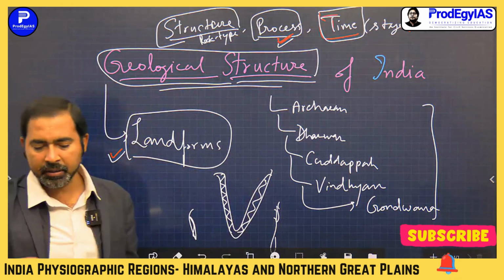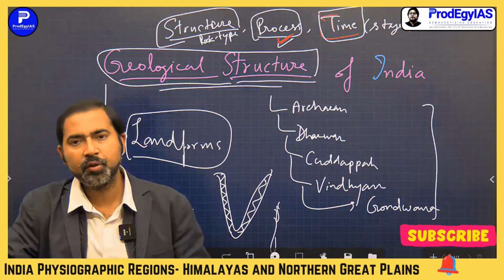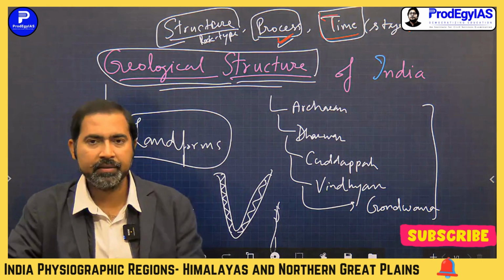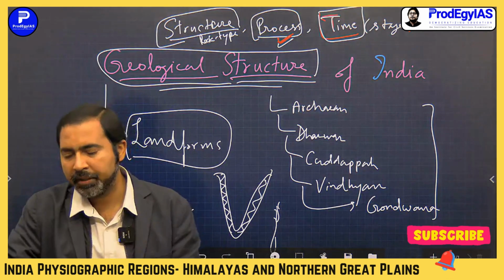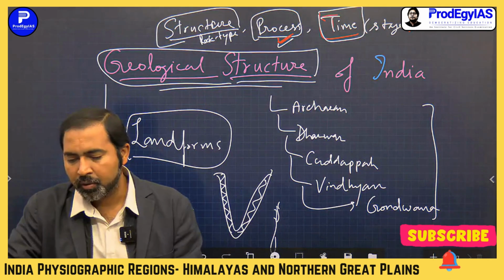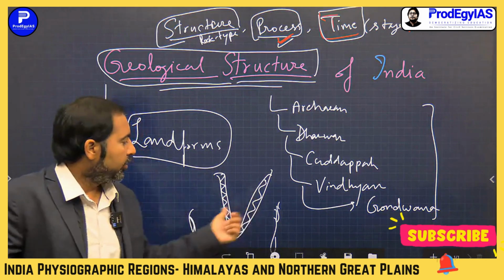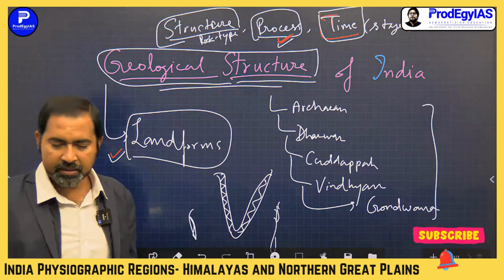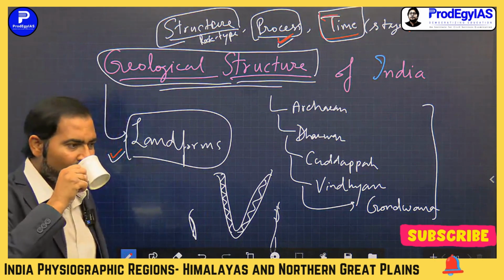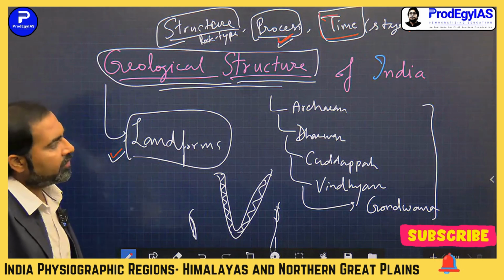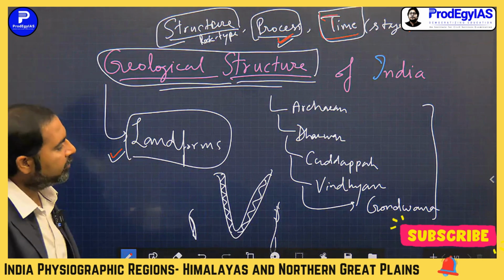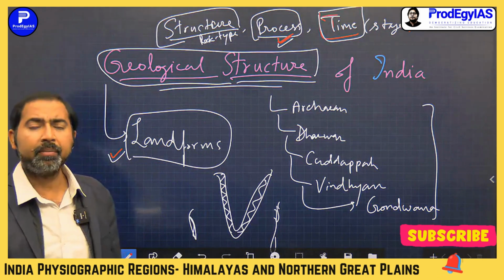So these are the five major physiographic regions of India: northern mountains, your Great Plains, your Peninsular Plateau, the coastal plains and islands. In today's class, we are going to discuss these physiographic regions, and especially we will do today Himalayas and Great Plains.